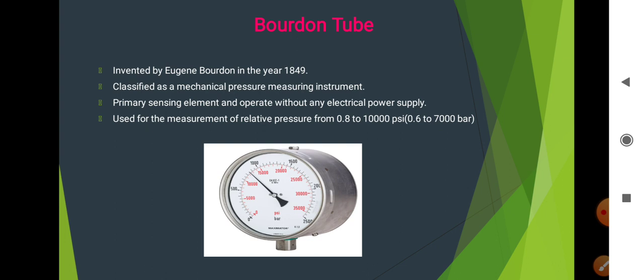The pressure range over which it operates is a high pressure range, that is 0.8 to 10,000 psi, and in bar 0.6 to 7,000 bar.